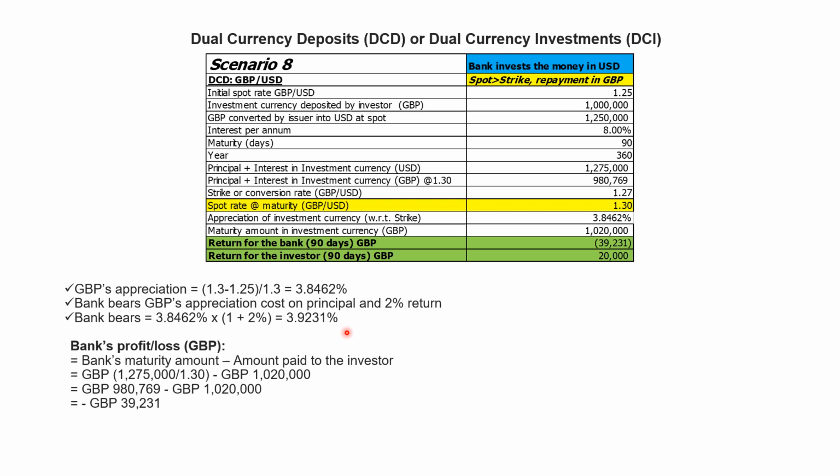Basically, the bank gets USD 1.275 million on the maturity date. This amount is worth GBP 1.275 million divided by 1.3, which is equal to GBP 980,769. Now, the bank needs to pay the investor GBP 1.02 million. Therefore, the bank's loss is GBP 980,769 minus GBP 1.02 million, which is GBP 39,231.